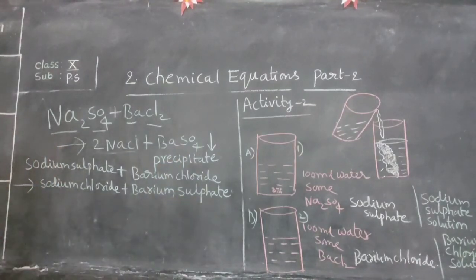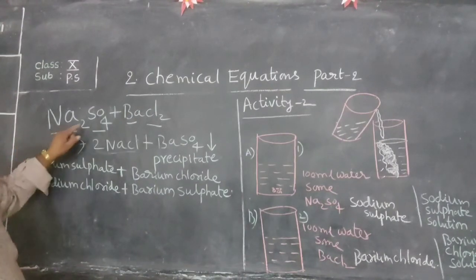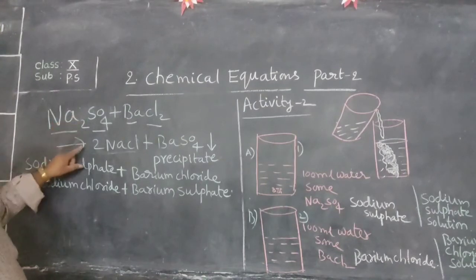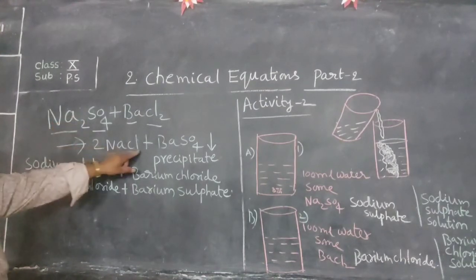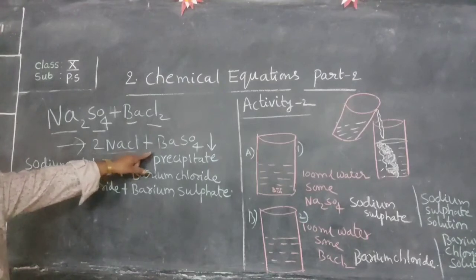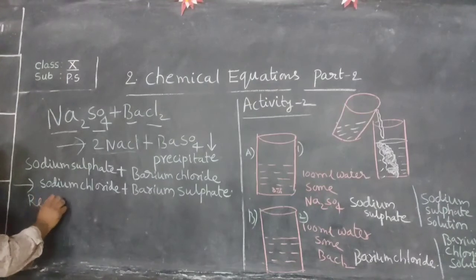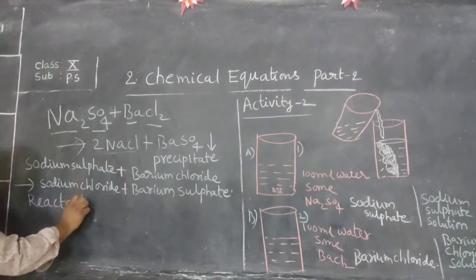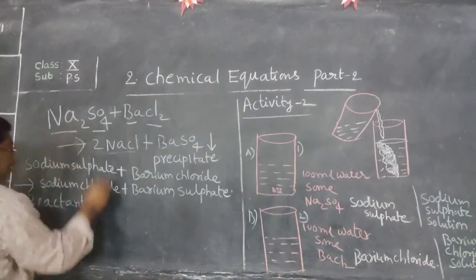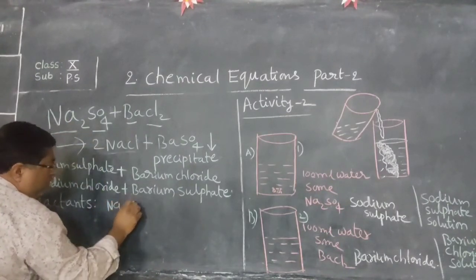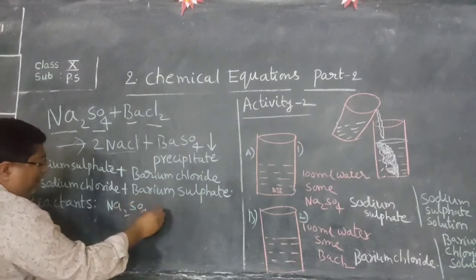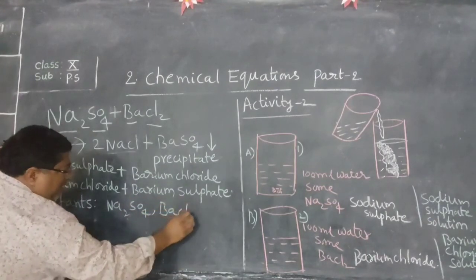Now what are the reactants here? I already told you the reactants are always shown on the left side of the arrow and the products are always shown on the right side of the arrow. The reactants are Na2SO4 and BaCl2, barium chloride.